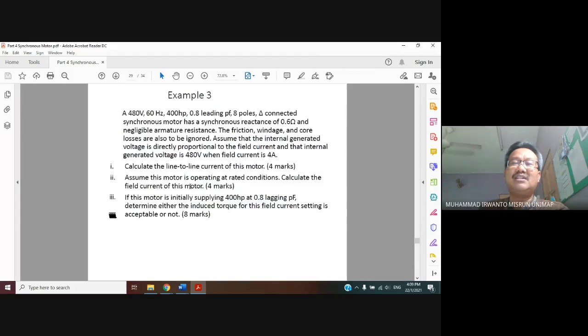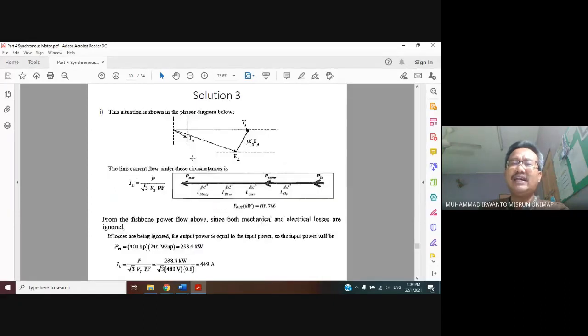Before, we mentioned that 400 HP is the mechanical power, meaning the output power. In this case, without losses, output power is equal to input power.